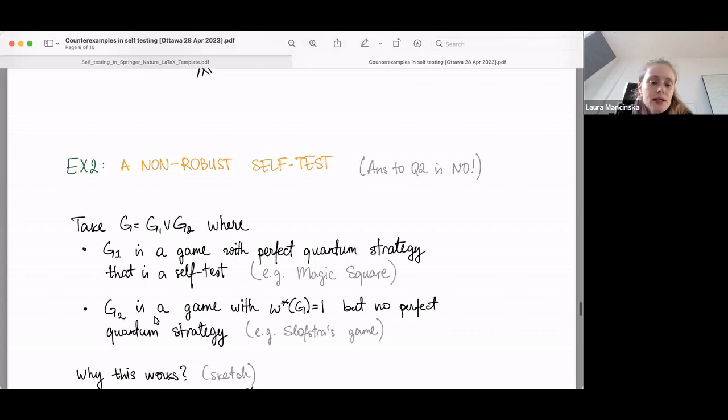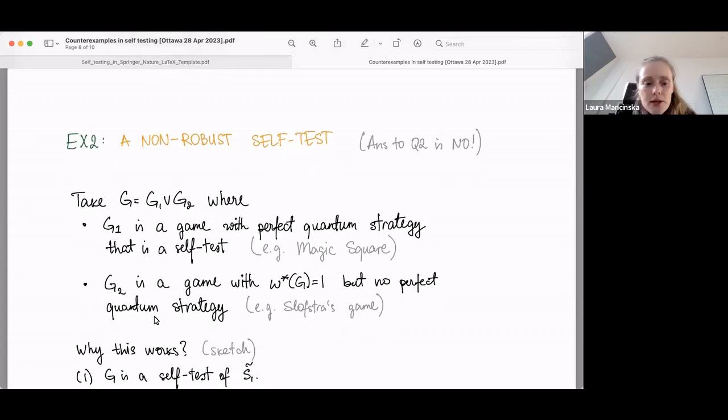Now G2, we need a more exotic game. So here I want a game whose quantum value is equal to 1, but that does not have a perfect quantum strategy. So what does this mean? This quantum value, so the highest quantum success probability, is defined as the supremum over all quantumly attainable winning probabilities.